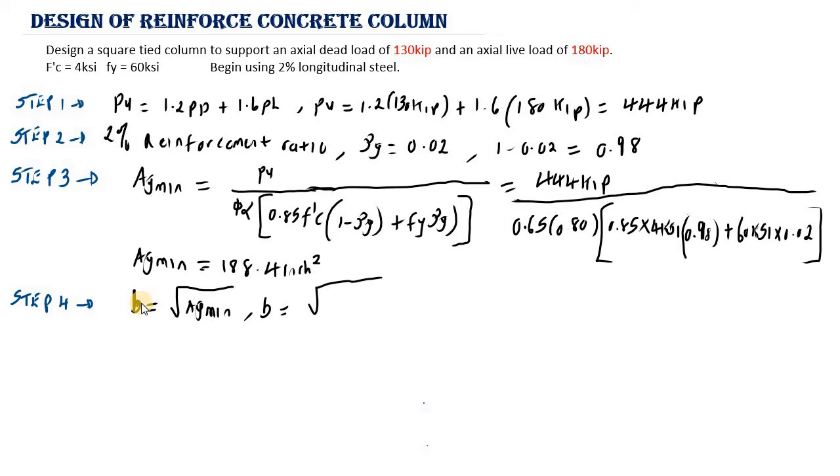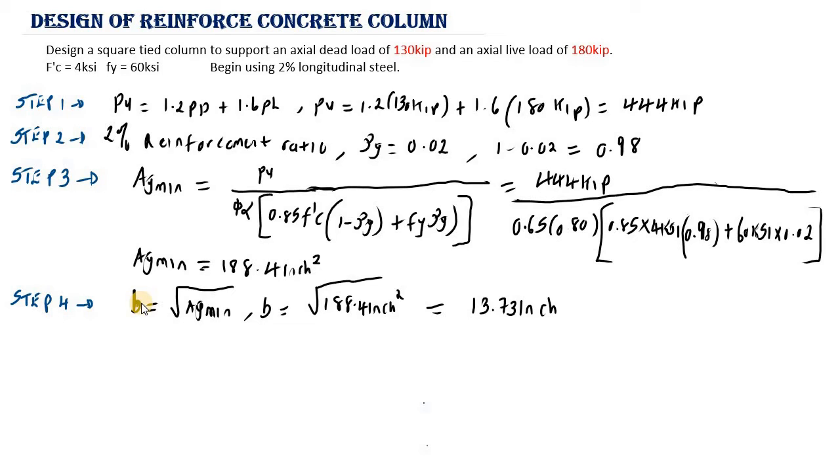We calculated AG minimum as 188.4 inch square. If you take the square root of 188.4, you are going to get 13.73 inch. This is the value of B. If B is 13.73 inch, then D is also 13.73 inch because it's a square column.